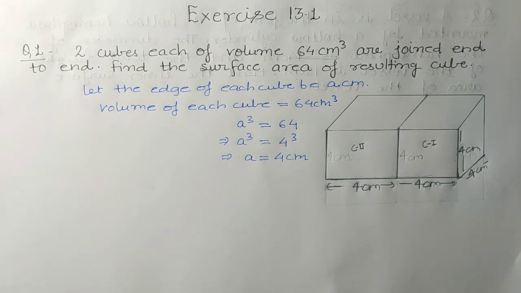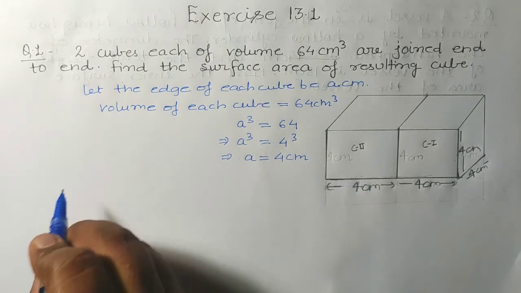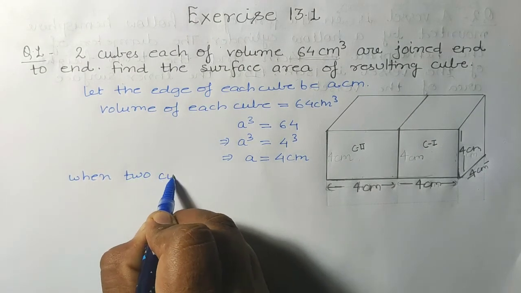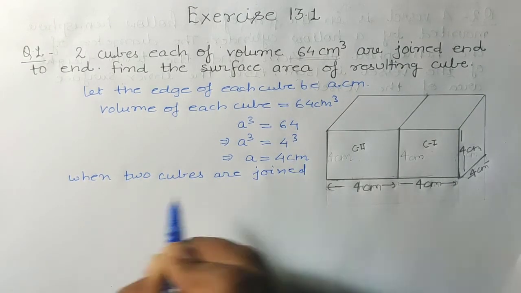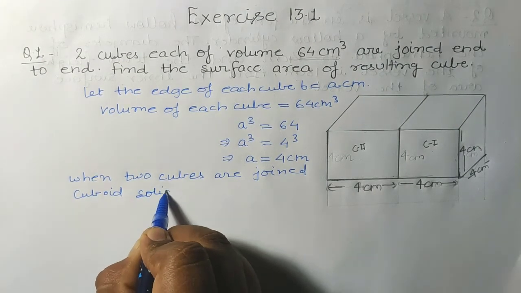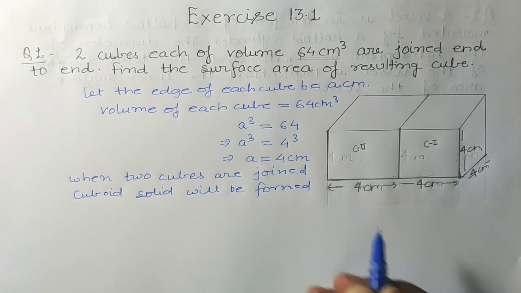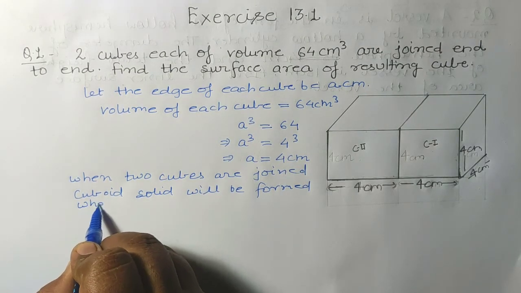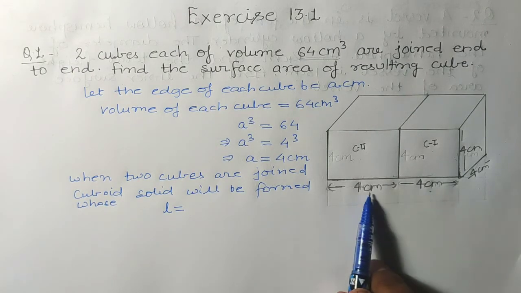Now students, after joining the two cubes, a cuboid is formed. When two cubes are joined, a cuboid solid will be formed whose length is 4 centimeter plus 4 centimeter.